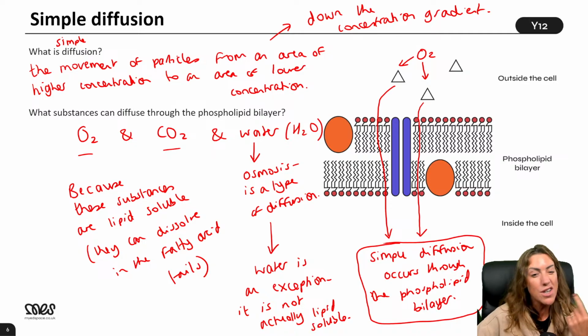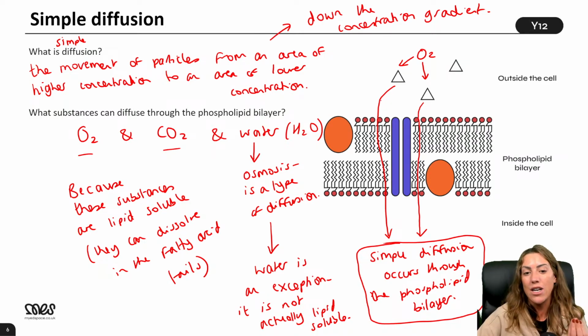Okay, so oxygen and carbon dioxide are the easiest ones to remember. They are lipid soluble. They can use simple diffusion. How do they get past the phospholipid heads? Again, it's simply because they are so small and because, remember, they're going down a concentration gradient.